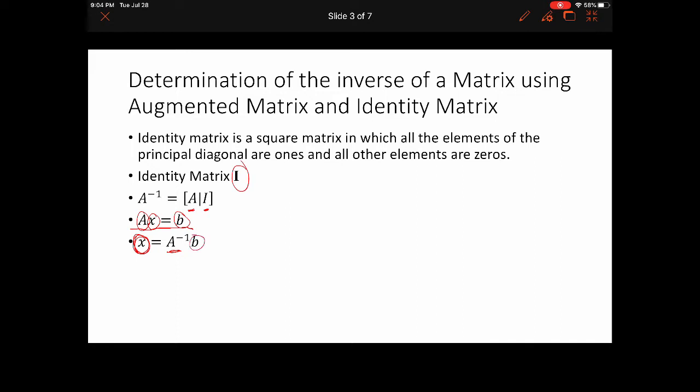So first we find the inverse of A, then multiply it by the constant vector B to get X. So it is important to first find the inverse of A.